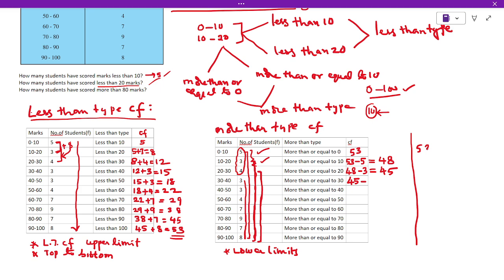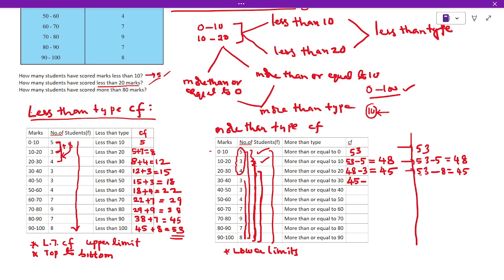So this is the first 53, and this is 53 minus 5, that is 48, right? And this is nothing but the total 53, from here to here. So I don't want the number of students in these two, so therefore 5 plus 3 is how much, 8. So if we subtract 8, then you would be getting 45. So that is the same again, right?